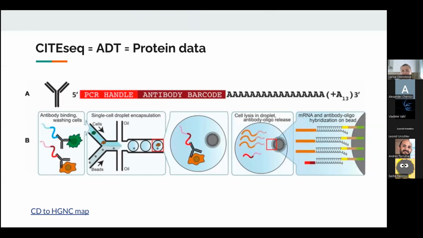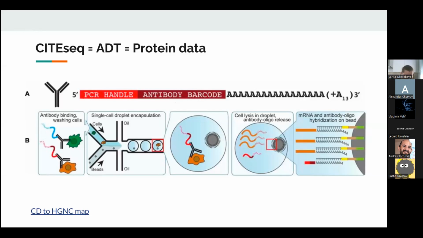Let's say we have 5 molecules of CD34 on the surface of the cell, then approximately 5 antibody molecules will bind to them, and then we will make a PCR. We will understand from which particular antibody this molecule came, and we can actually count how many molecules will bind to the cell. So that means that we have a quantity.